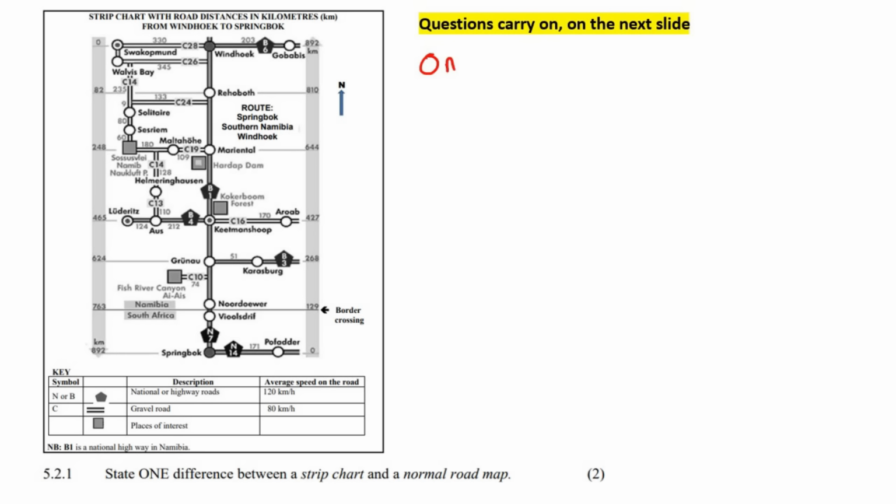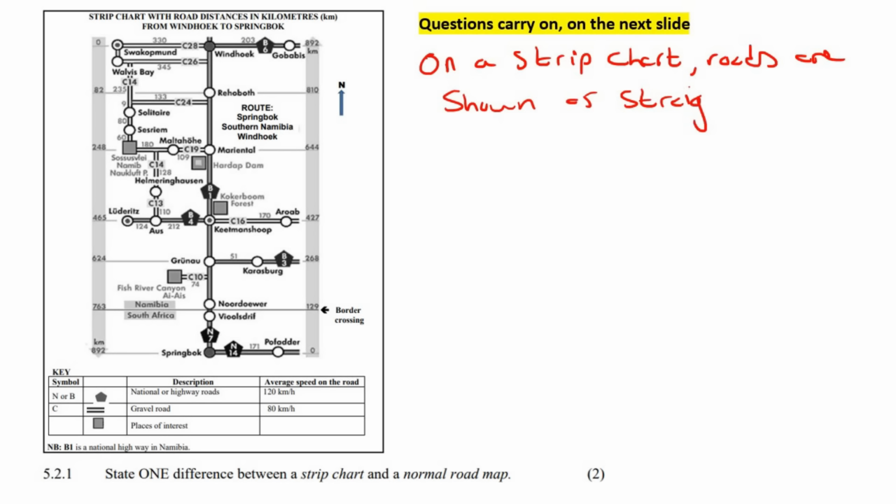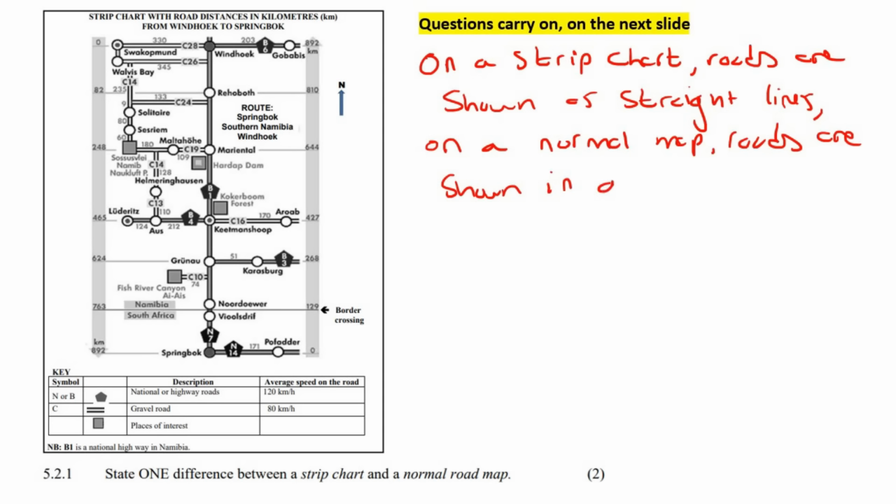So we can say here that on a strip chart, roads are shown as straight lines. On a normal map, roads are shown in a winding manner. Okay, so it just shows that they are more windy.